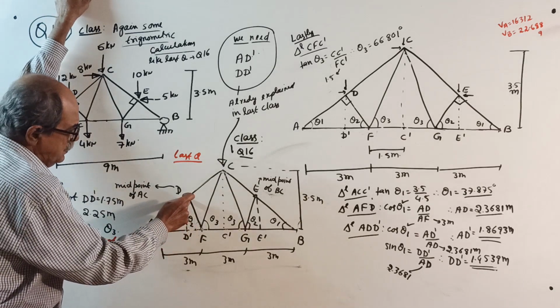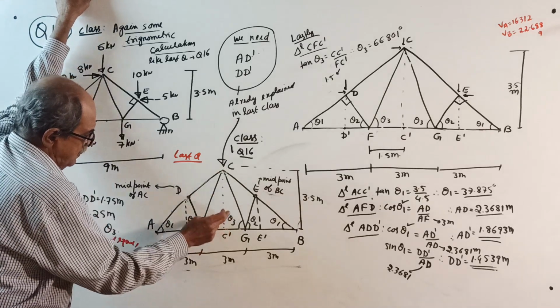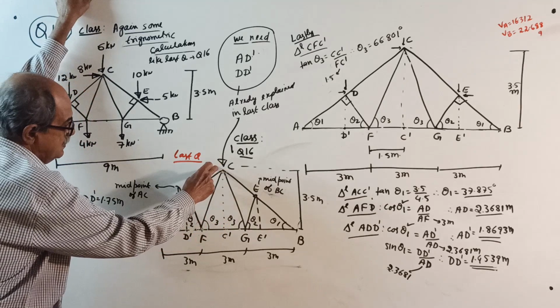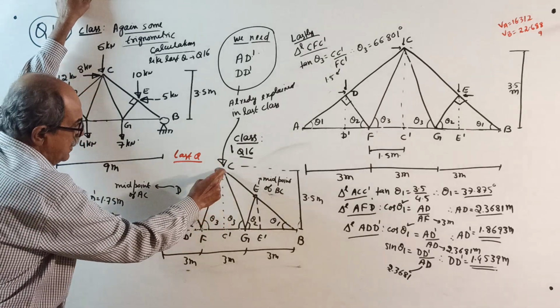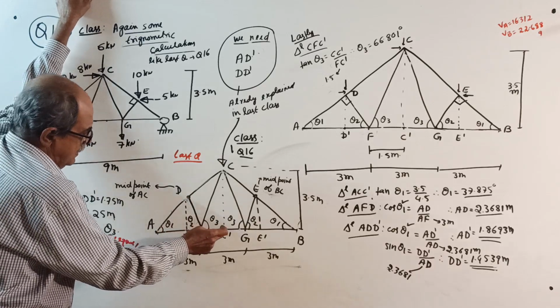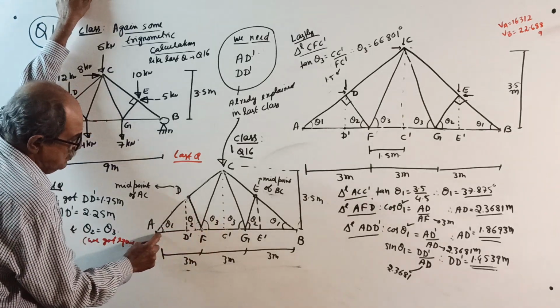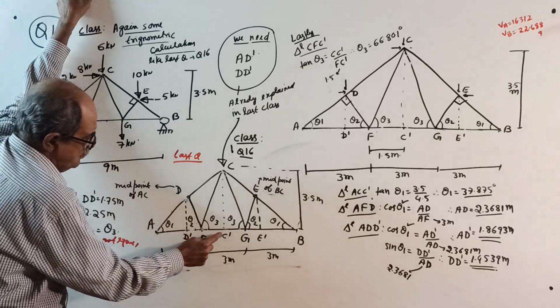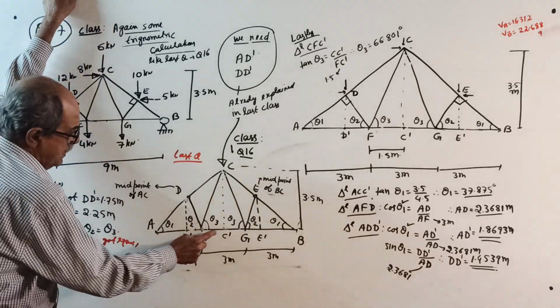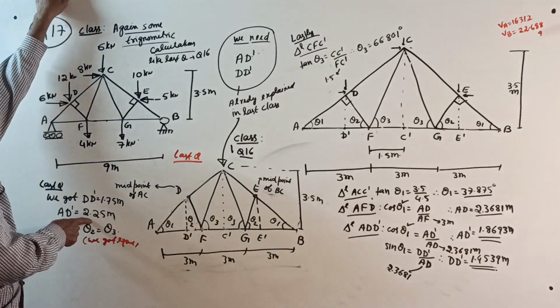When you project this point here, and this point here, this is the midpoint of this line. So this point is the midpoint of A to C dash. A to C dash is 4.5, so the midpoint projection is 2.25.